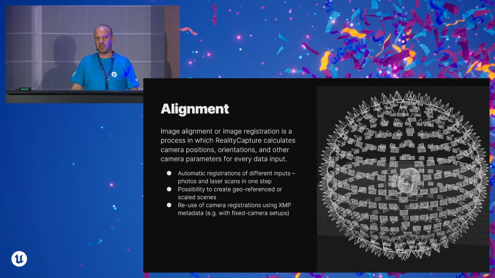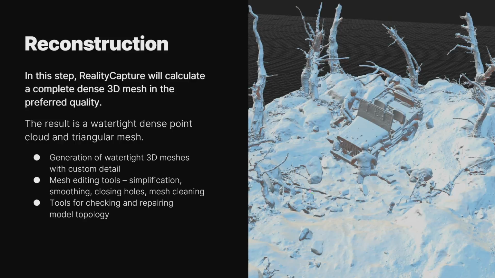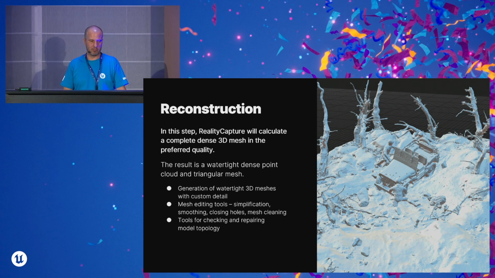But you can also set them to locked, so literally those cameras will always stay in exactly the same position in the alignment, and it'll just look for the tie points in there. Reconstruction, yeah, that's the second stage. This one uses your GPU and takes the longest period of time. If you have thousands of photos, it can take up to days.